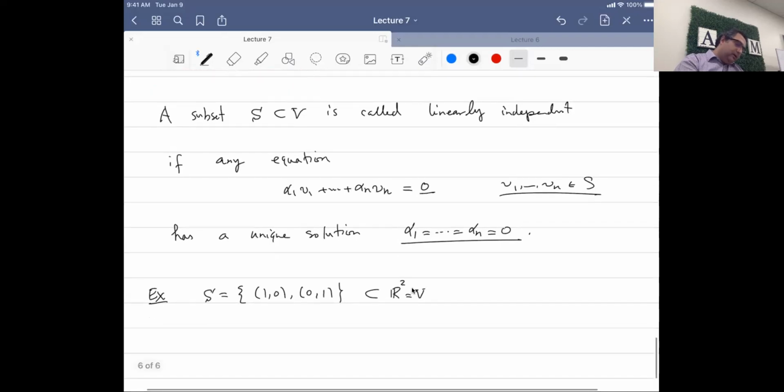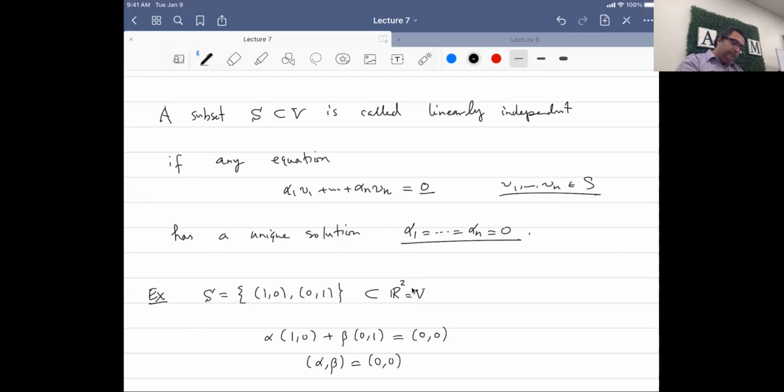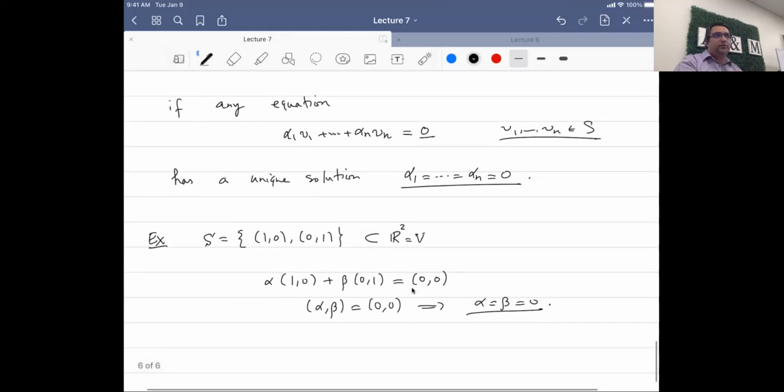Is this set linearly independent? Let's write a linear combination, write it equal to 0, and see if you get alpha equals beta equals 0 as the only way. This is clear, because this gives us alpha and beta equal to 0. That's the only way. You can't come up with any other choice of alpha and beta which generates 0. So this means S is linearly independent. Is this clear? Any question about that?